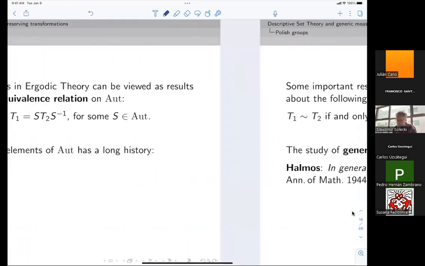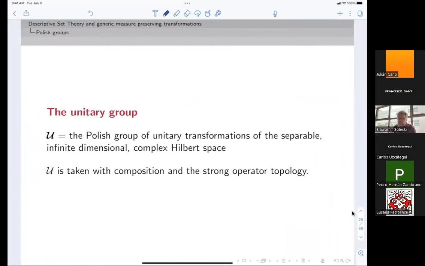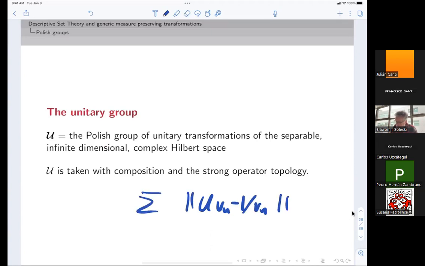So this is here in L0, where there is a standard metric. And here in the unitary group, you do the same trick as in Aut, except that instead of an algebra of sets, you take a dense countable subset of vectors, and you form certain sums, Uvn minus Vn, and then you take the norm, and then you sum with appropriate weights.